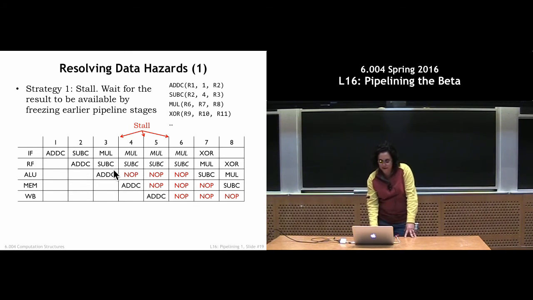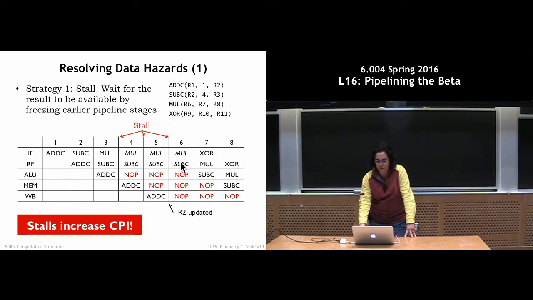As for the number of stalls we need to introduce, there are 3 of them, because the add C is going to write back its data at the end of cycle 5. That means in cycle 6, the sub C is going to be able to read its data. But before that, you just have to stall.